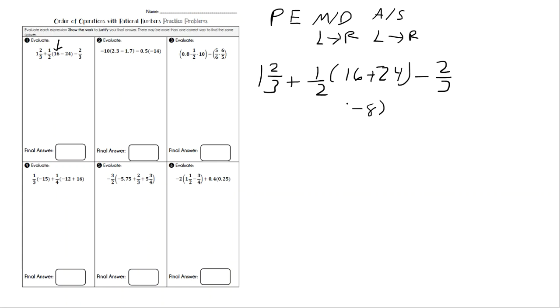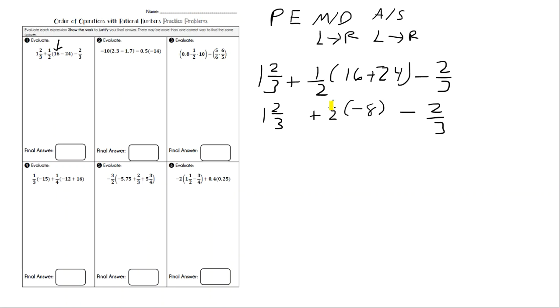Now this negative 8 is in the parenthesis right next to the 1/2. So I have 1 2/3 plus 1/2 times negative 8, and then I have a subtract 2/3. After taking care of the parenthesis, we don't have any exponents. The next thing we are going to do is all multiplications and divisions.